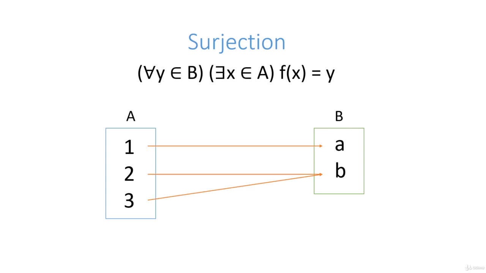Why? Well, to every element in B leads an arrow. And it is okay that to b lead two arrows. The important thing is that there is at least one arrow to every element in B. But if, for example, 1 would be in relation with b instead of a, this function would not be surjective because there is no arrow that leads us to a. I think this makes sense.